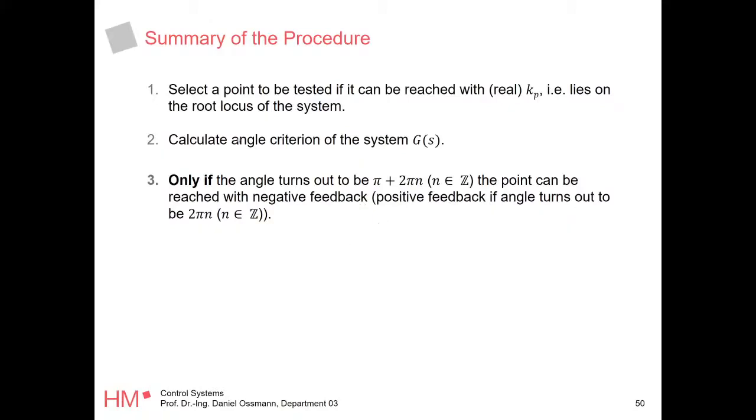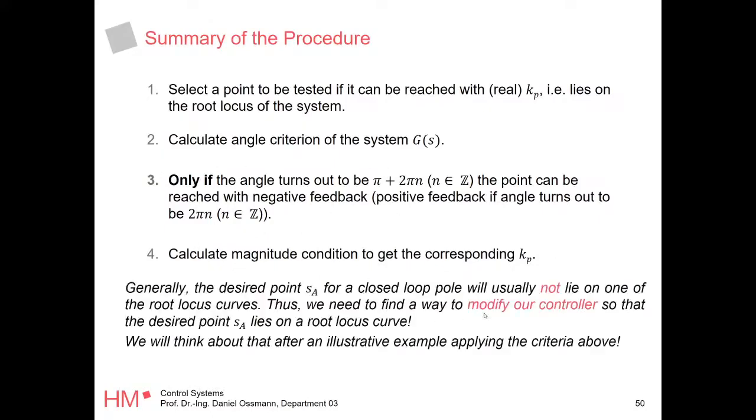If this is not 180 plus minus 2 pi n, then it does not make sense, because then we need to think of adding some dynamics. And finally, we calculate the magnitude to get this. So this is the evaluation of the criterion, and then we finally can compute the gain.